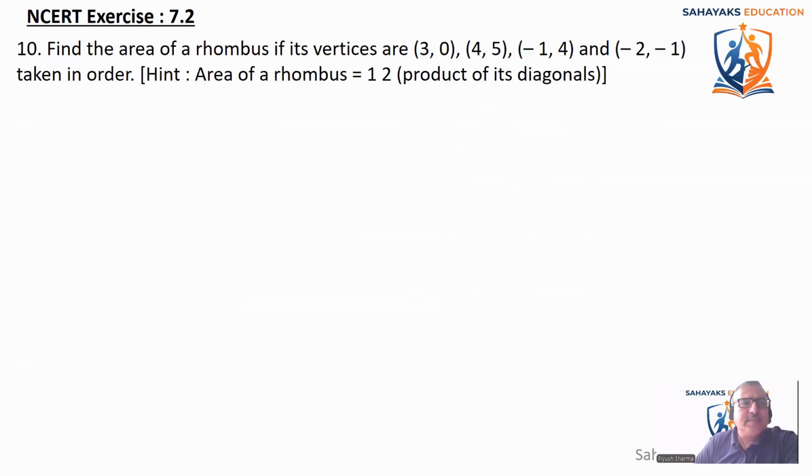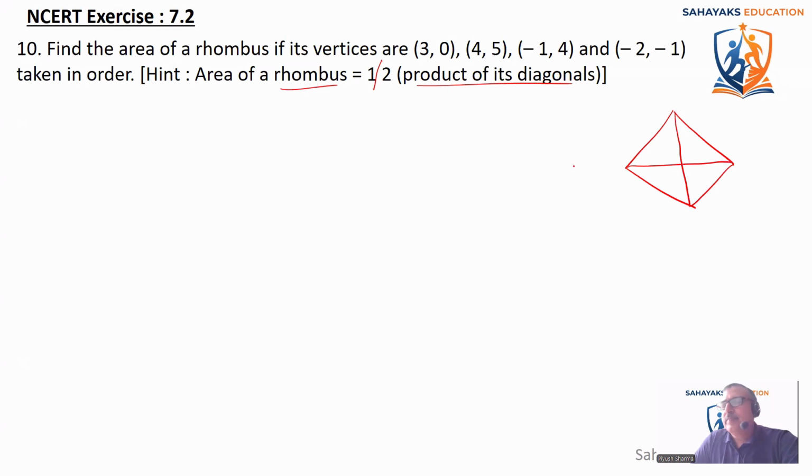Okay, so coming to the next question. It says, find the area of a rhombus if its vertices are this, taken in order. So, you know that area of a rhombus is 1 by 2 product of its diagonals. Please remember this part. So if we make a rhombus like this, this is one diagonal and this is another diagonal.